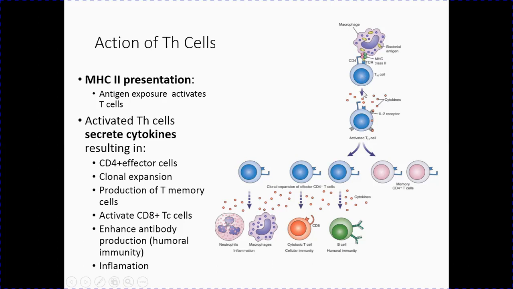This cell releases cytokines that activate this cell. An activated T cell would release more cytokines that are going to cause a number of different cells to develop: memory cells, cells that can release cytokines to produce B cells, cytotoxic T cells, or inflammation. So those are some of the effects of antigen presentation.